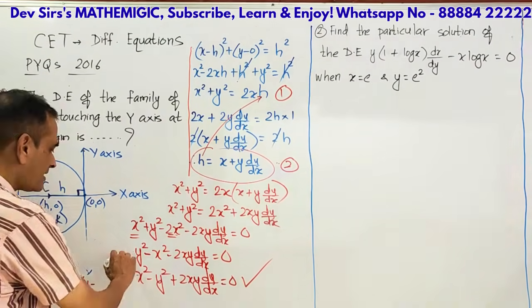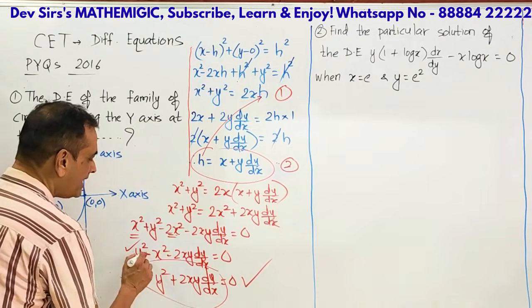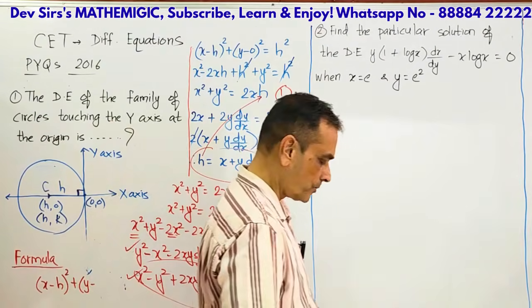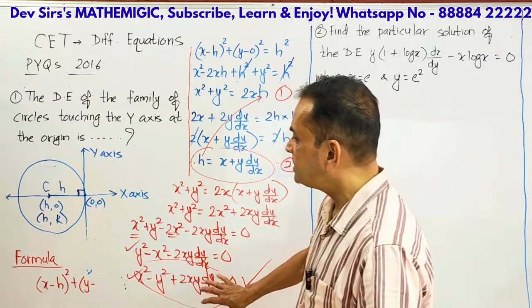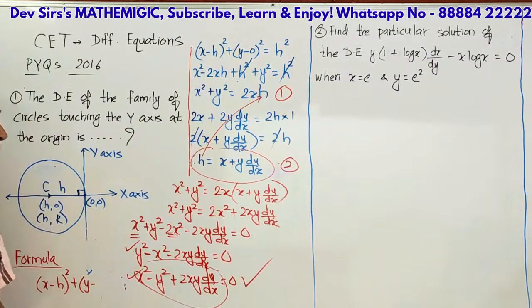Both the answers are correct, but this option was given, so I had to convert this by multiplying each term by minus 1. Followed? So this is how we form a differential equation from a given condition. Clear? Okay. Now let us go to the second sum.